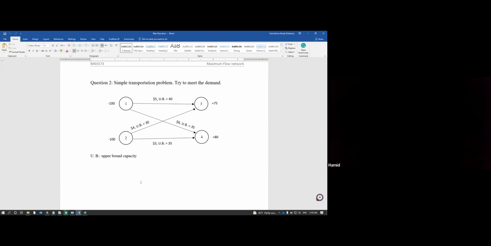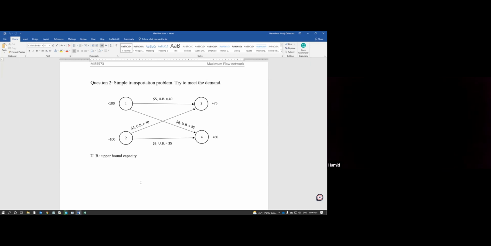Okay, so what's my total demand? 75 plus 80 is 155. So let's see how much I can send on each link. The first link has a limit of 40 from 1 to 3, 35 from 1 to 4. If you just sum up the link capacities, it is 40 plus 35 plus 35 plus 30, so it is 140. Even in the best case scenario, you cannot fulfill the demand on your demand points.